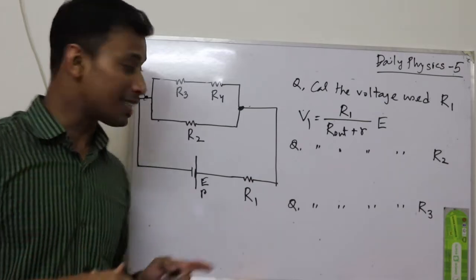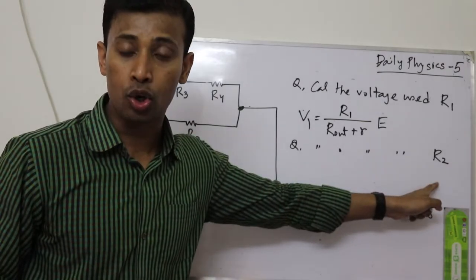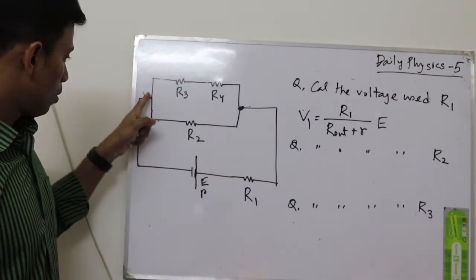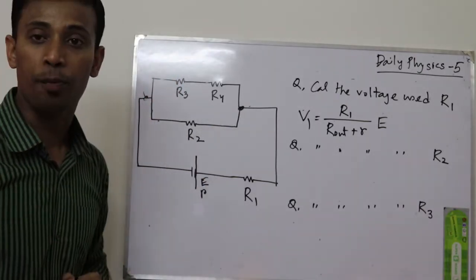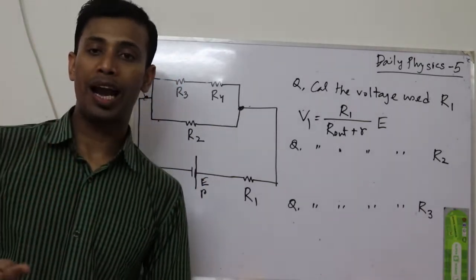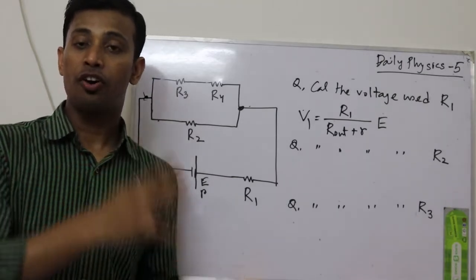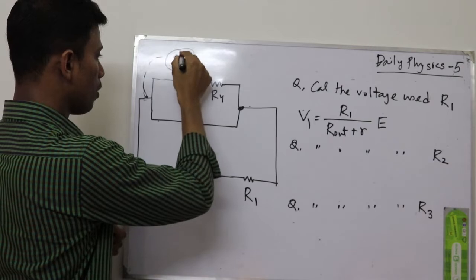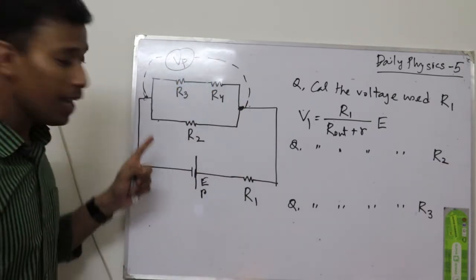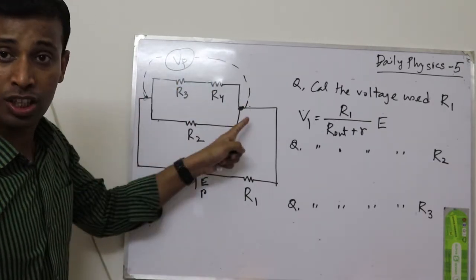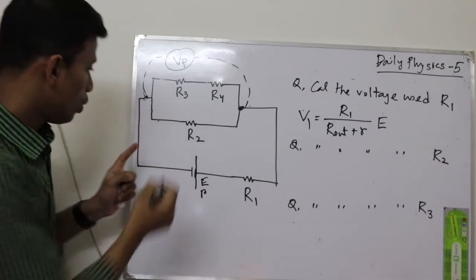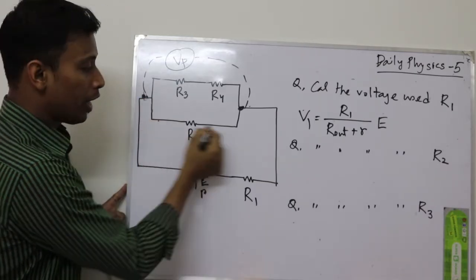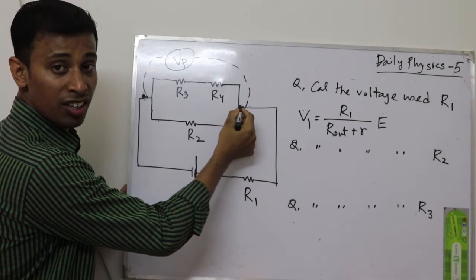Now, if the question asks for the voltage used by R2, then first step, where is R2? R2 is a part of a parallel group. So we know for a parallel group, we have to get Vp. So where is Vp here? Vp is the voltage difference between these 2 points, the parallel group. So the starting point of R2 is here, and the ending point of R2 is here.